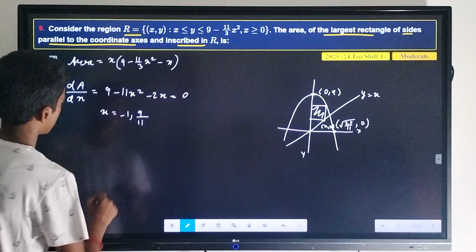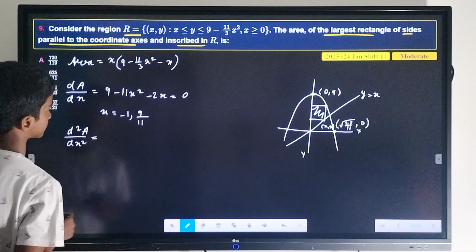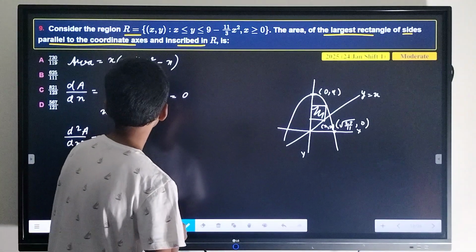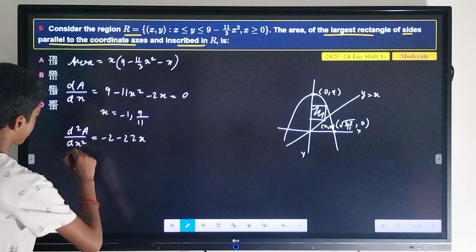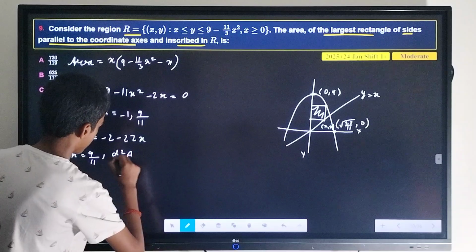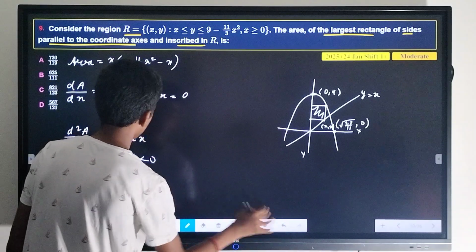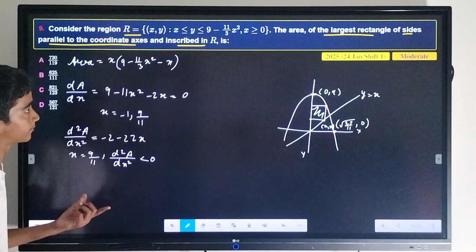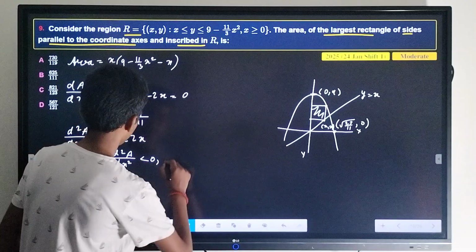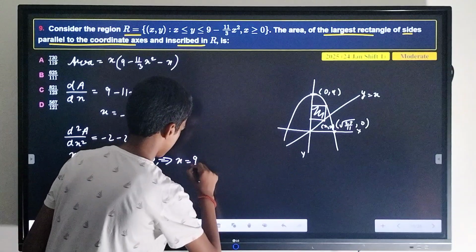So our d2A by dx square is equal to minus 2 minus 22x. When we take x equal to 9 upon 11, d2A by dx square is less than 0. So this means x equal to 9 upon 11 is a point of maxima.